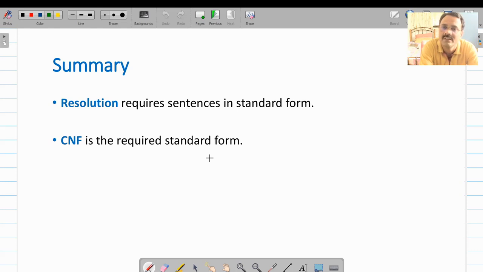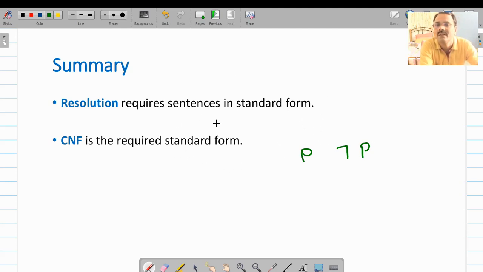During this resolution process you will have to find pairs, something like P and not P. To find such pairs, you have to match this P with this P, and therefore there should be consistency in your representation. For that purpose, the first step is to convert it into the standard form, and later on we are going to understand the unification procedure, which will help you to perform such pattern matching.